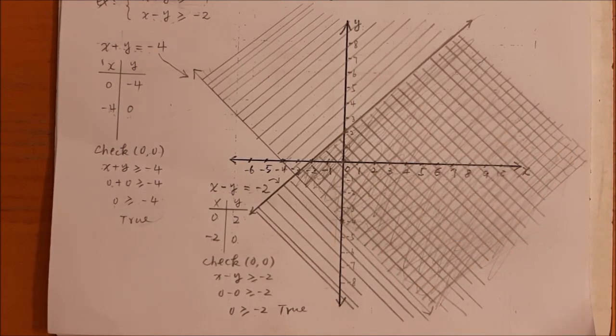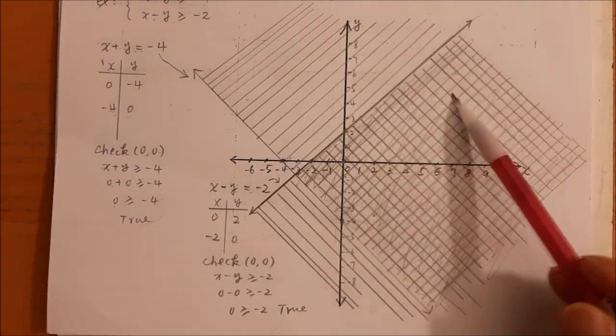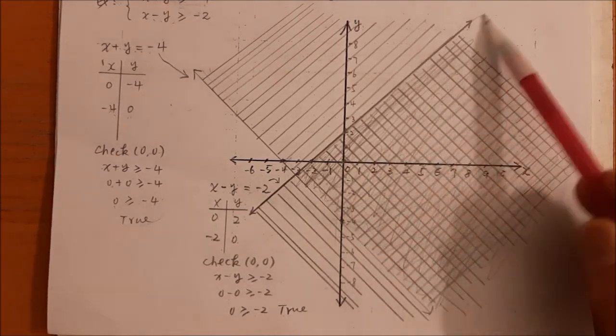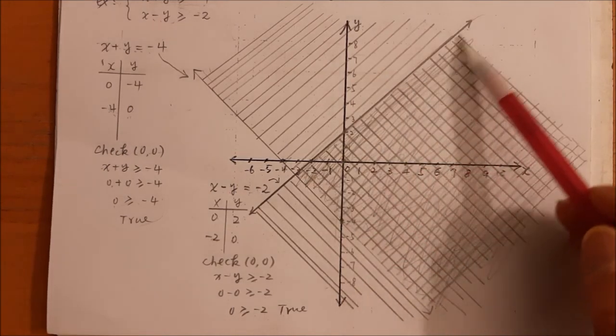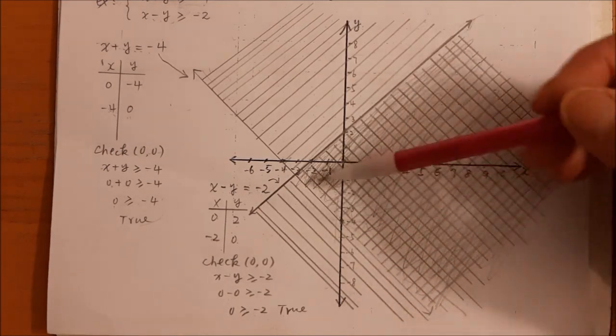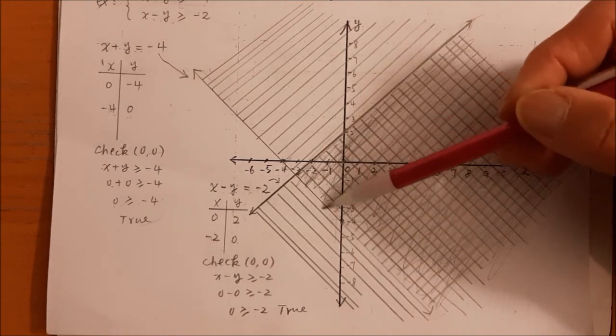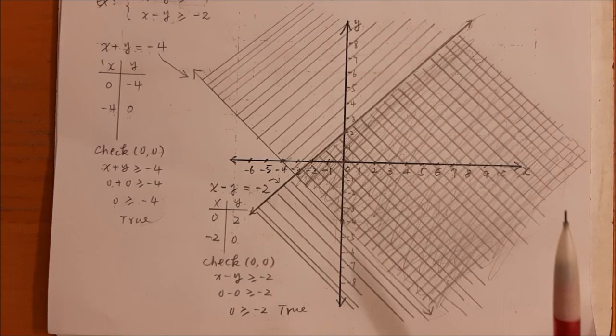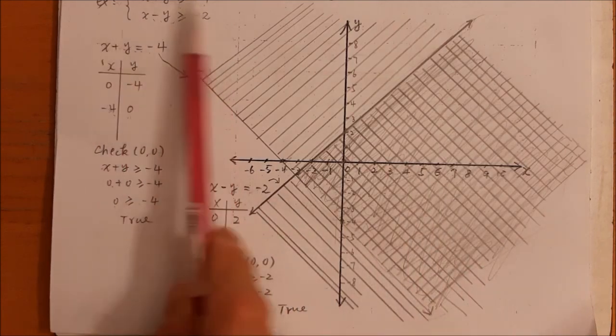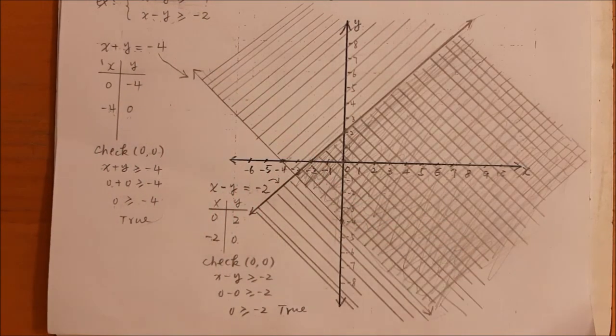And that is all the points in the interior of this angle, including the two rays, the points on the rays of the angle. These make the system true, satisfying both inequalities.